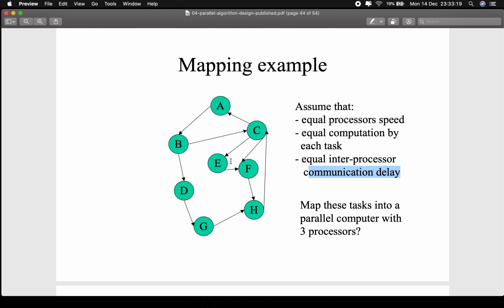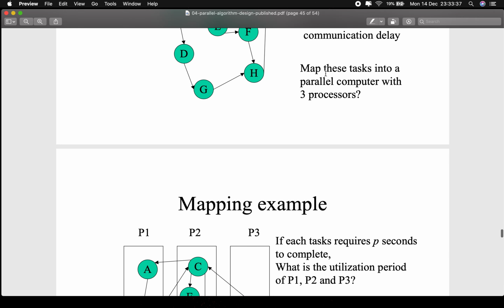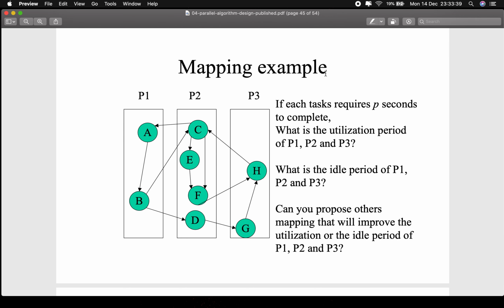Map these tasks into a parallel computer with 3 processors. How are you going to do it? This is a mapping example. Can you try to figure out how you're going to map it using 3 processors in parallel computing?